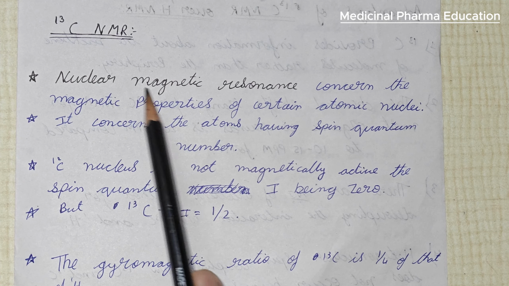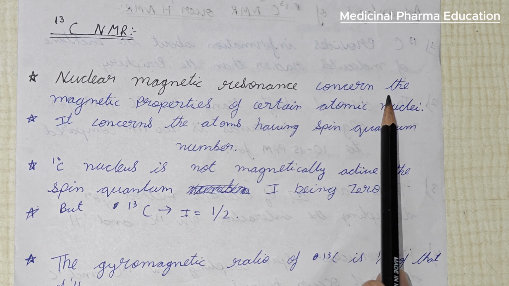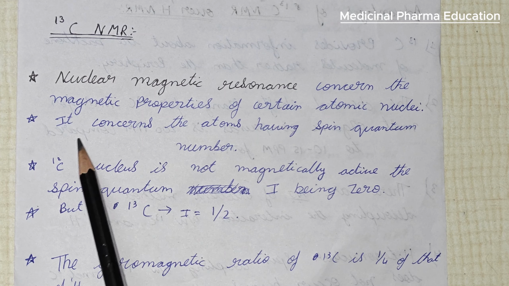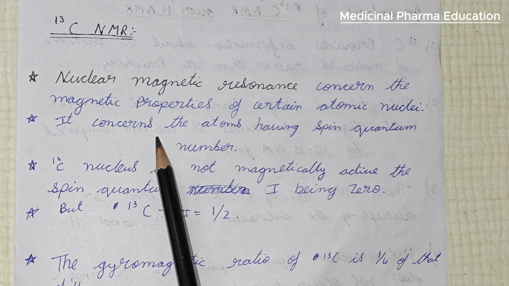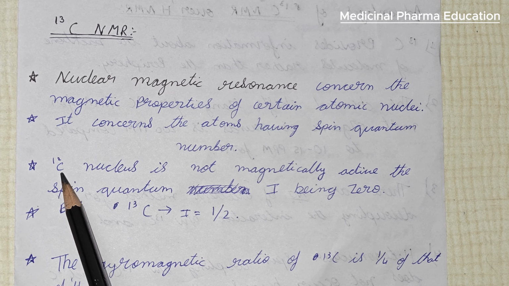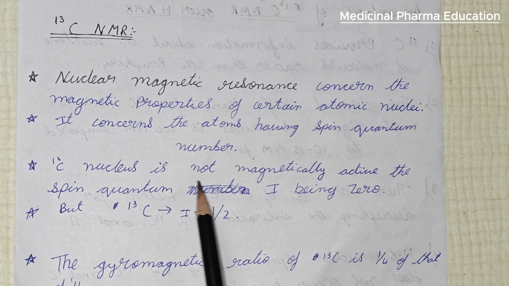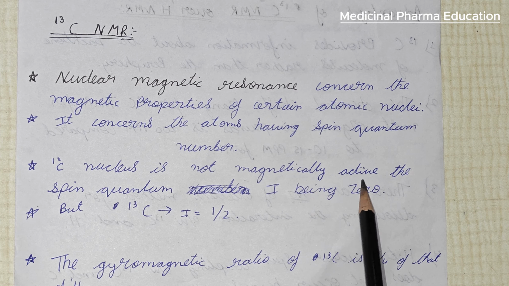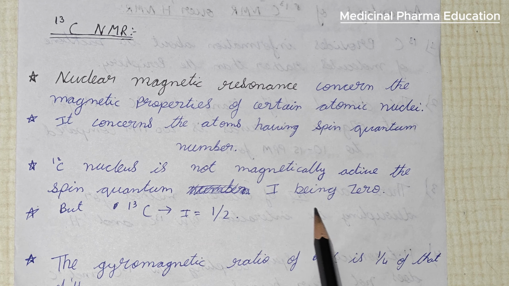Nuclear magnetic resonance concerns the magnetic properties of certain atomic nuclei. It concerns the atoms having spin quantum number. 12C nucleus is not magnetically active. The spin quantum number I equals 0.